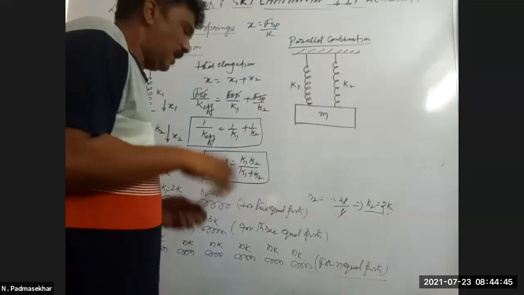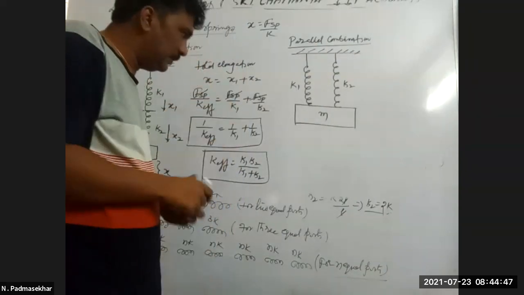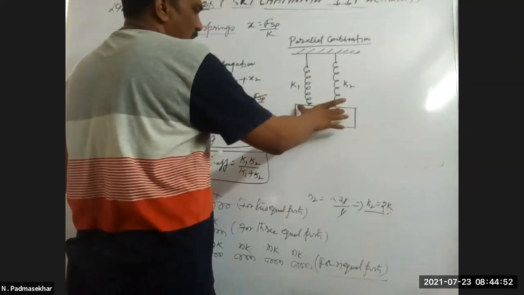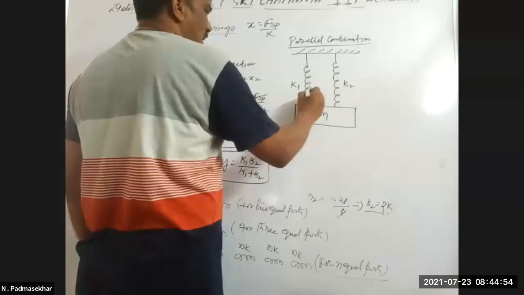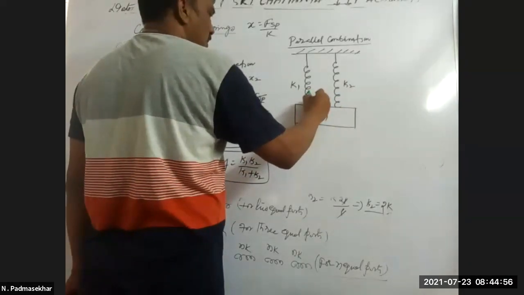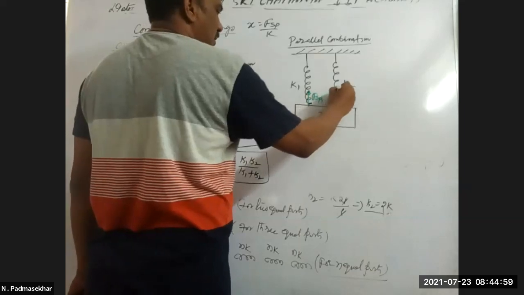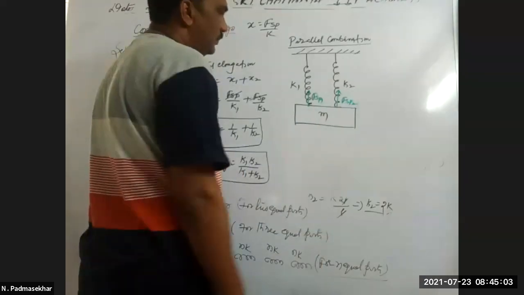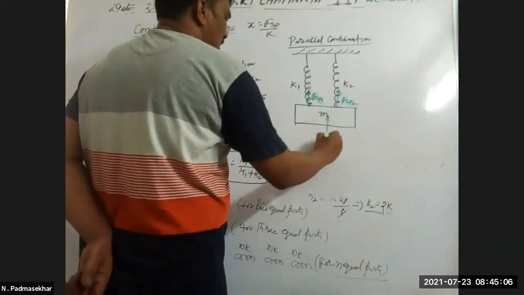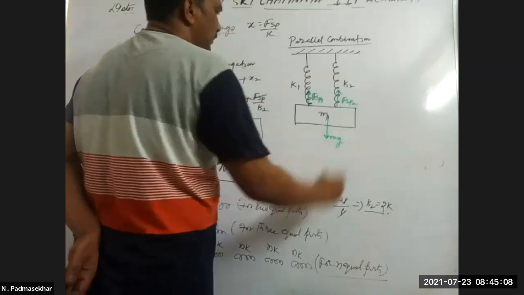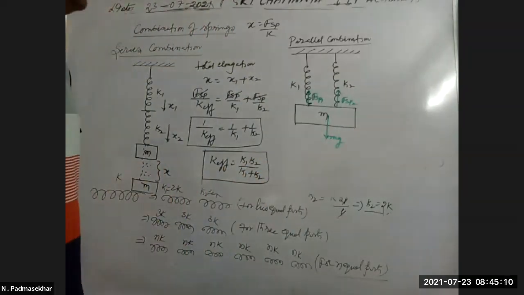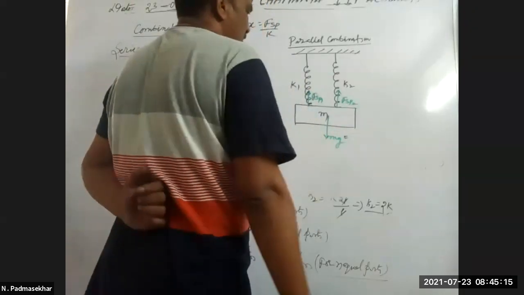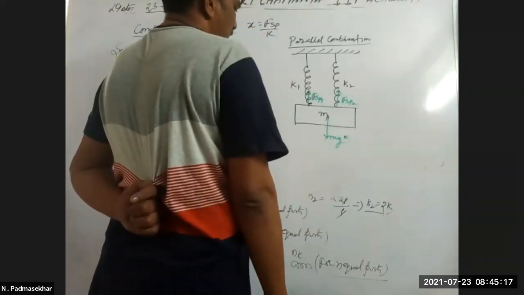There are different springs connected by the block of mass M. Here there is a spring force FSP1, and here there is a spring force FSP2. So this is mg, which is nothing but the net spring force.